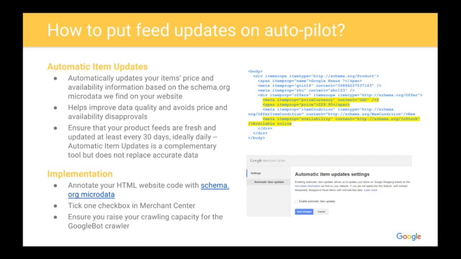One important note, we want to ensure that your product feeds are fresh and updated at least every 30 days, and as Casper mentioned, ideally daily. Automatic item updates is a complementary tool, but it doesn't replace accurate data as it does take time to refresh, so that's just a best practice there.